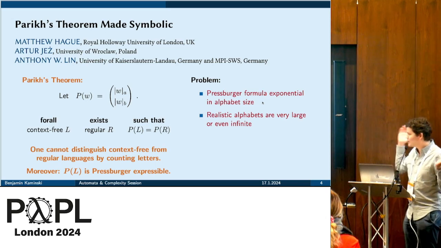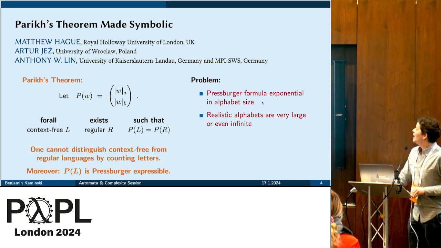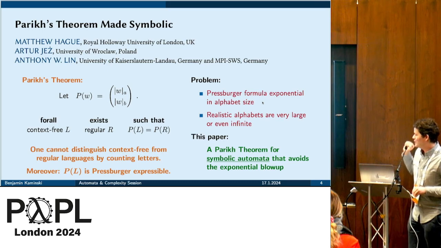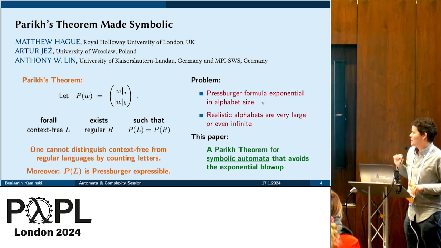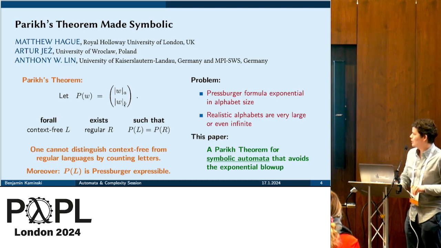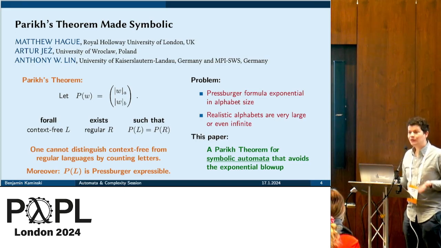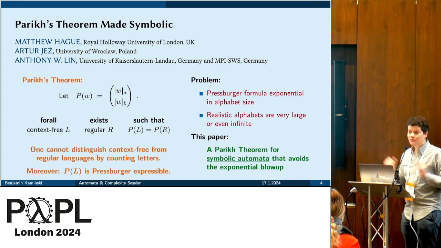So this blows up in your face immediately. And one way to circumvent this is symbolic automata. And here the authors have provided such a Parikh theorem for symbolic automata. And with these symbolic automata, you can handle very, very large or even infinitely sized alphabet sizes.